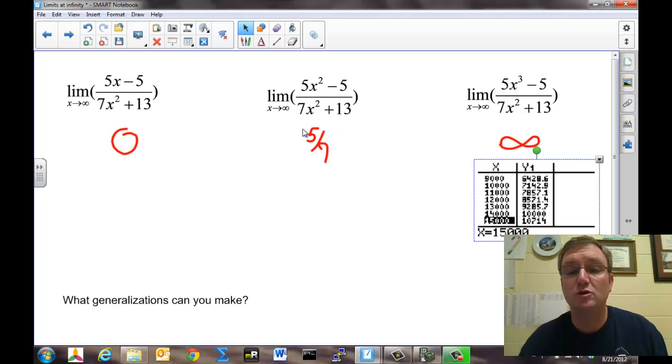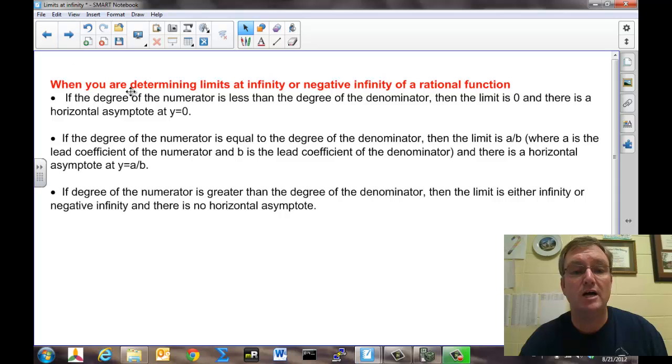These are rules that you should have learned in previous classes, and here they are just summarized. Anytime you're looking at limits going to infinity or negative infinity, these are the three rules that you can use. If the degree of the numerator is smaller, the limit is 0, and there's a horizontal asymptote at y equals 0.